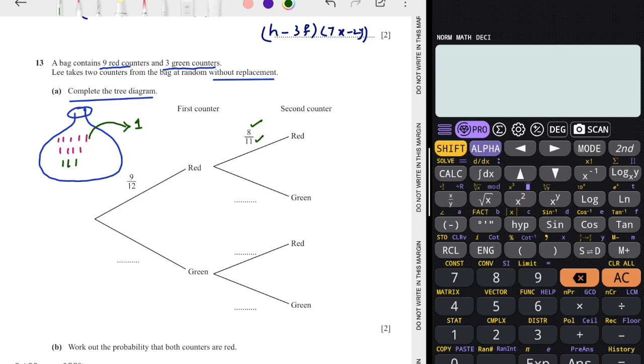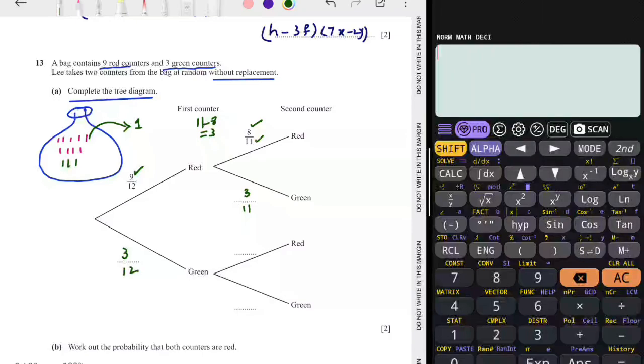And in the next branch the greens are not disturbed at all, so greens would be 3 by 11. The second method is that you can subtract the top from the bottom, you get the remaining answer. So same case is here, there are 9 red counters and 3 green, so this is very simple.